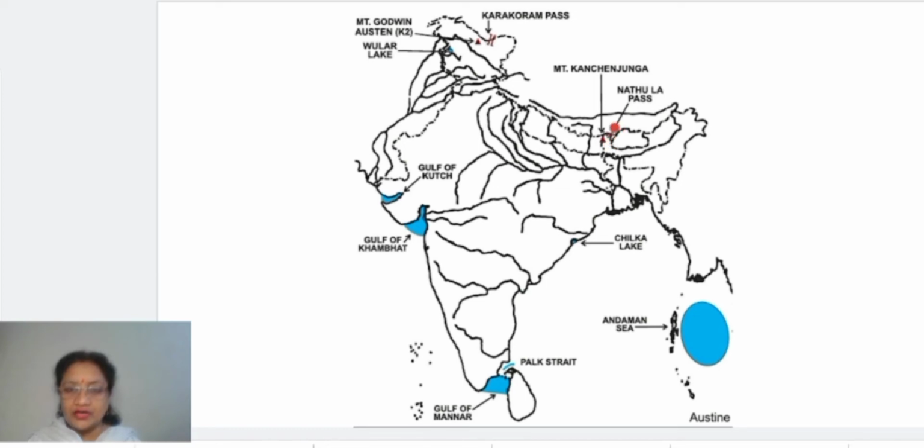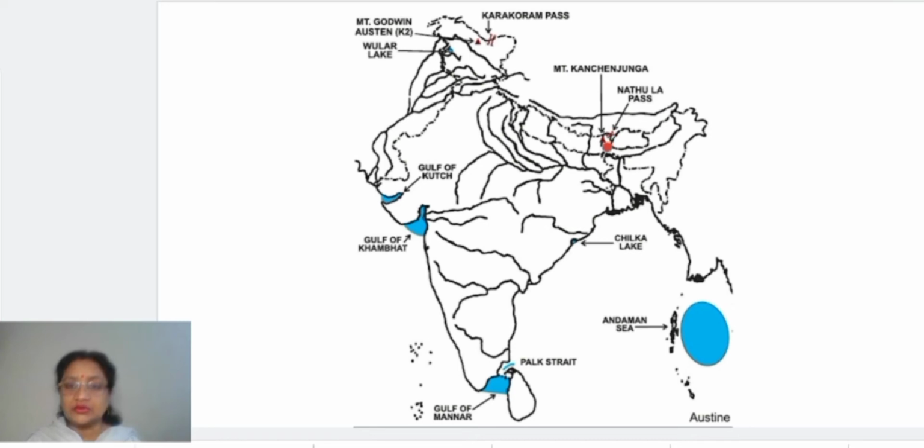Okay, hope you all are able to see this. This is Nathula Pass. Again the same symbol is being used on the corner, right? Can you see this? On the corner of Sikkim, the northeastern corner of Sikkim. Clear?